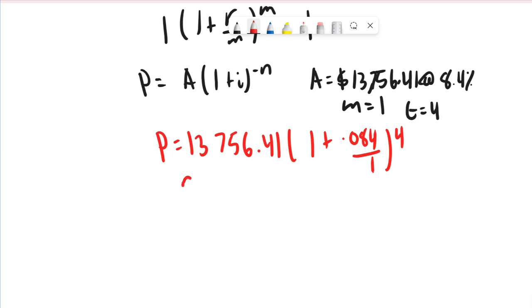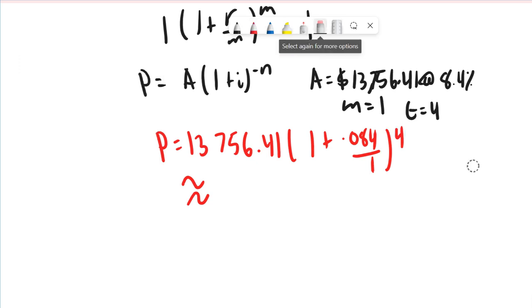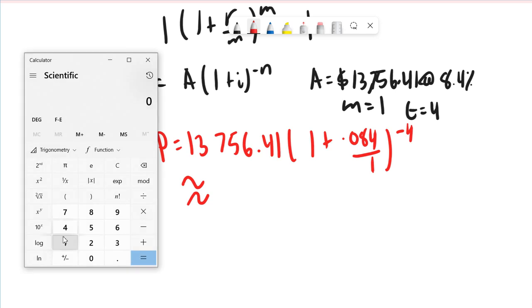So we can do this computation using our basic calculator. Notice that that's actually 1.084 when you add it, but that you want to raise it to the 4th power. And then you want to multiply it. Oops. Actually, I got to be careful with that. That should be a minus, actually. This should be a minus because it's a present value that we're trying to find, that needs to be invested. So it should be smaller.